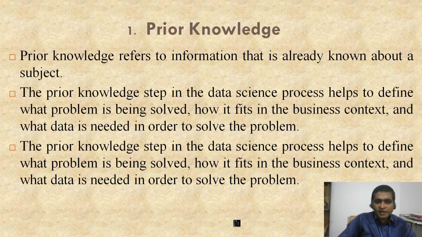The prior knowledge step in the data science process helps to define what problem is being solved, how it fits in the business context, and what data is needed in order to solve the problem.